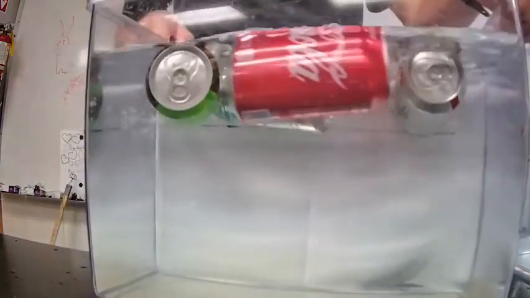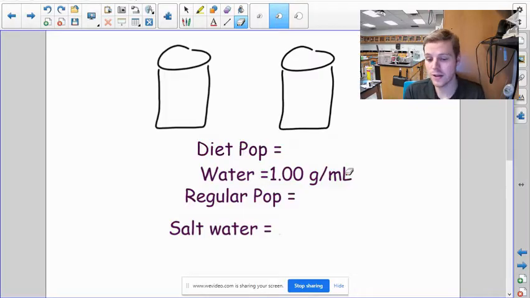On the smart board. All right, so we just watched those demonstration videos, and here's some of the things that we learned. Okay, so the Diet Pops, they always floated in water. And since we know that less dense things float in more dense substances, that means that Diet Pop must have a density that's less than water's 1.00 grams per milliliter.